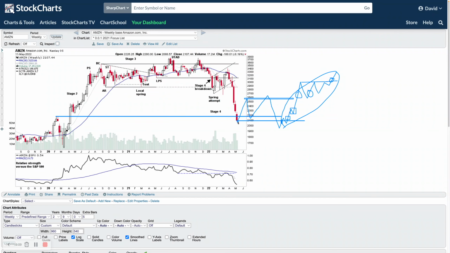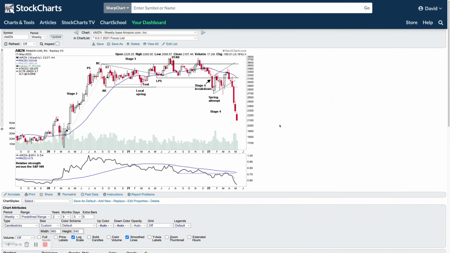We're not interested in getting long and trying to catch these initial rebounds in here, as this could just continue to do this and just continue going down. You don't know when it's going to end. So we wait for the base structure to form. We wait for the initial phases to develop, phase A and phase B, in order to build a cause, to develop the range and define the range before we start to get interested.